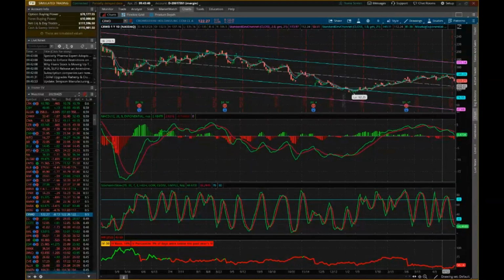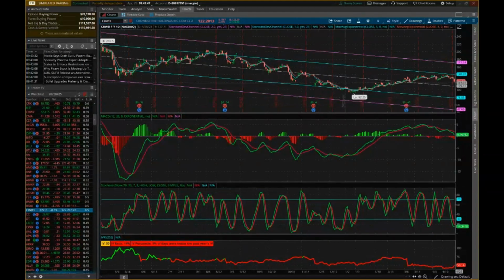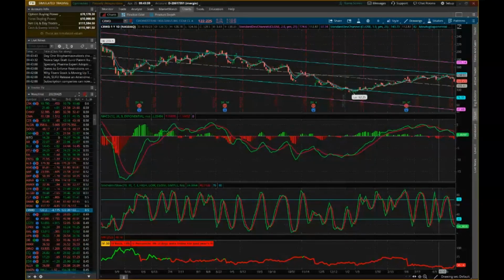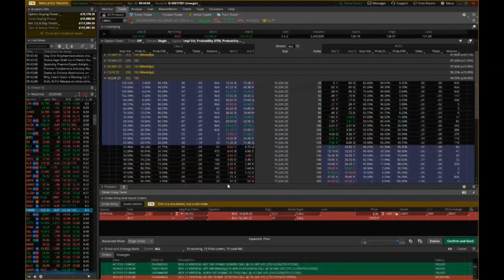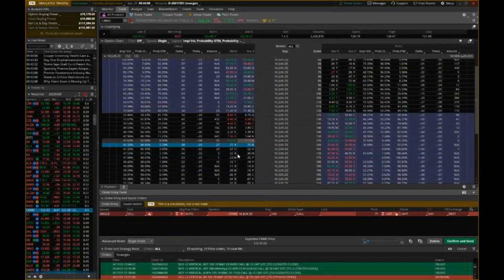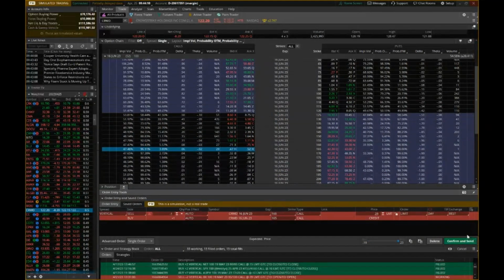CRWD. I think we were in this one. We got out. See how it's approaching the mean, and the stochastics down here. I mean, we might be able to get a little bit more out of it, but like a 160. 165.